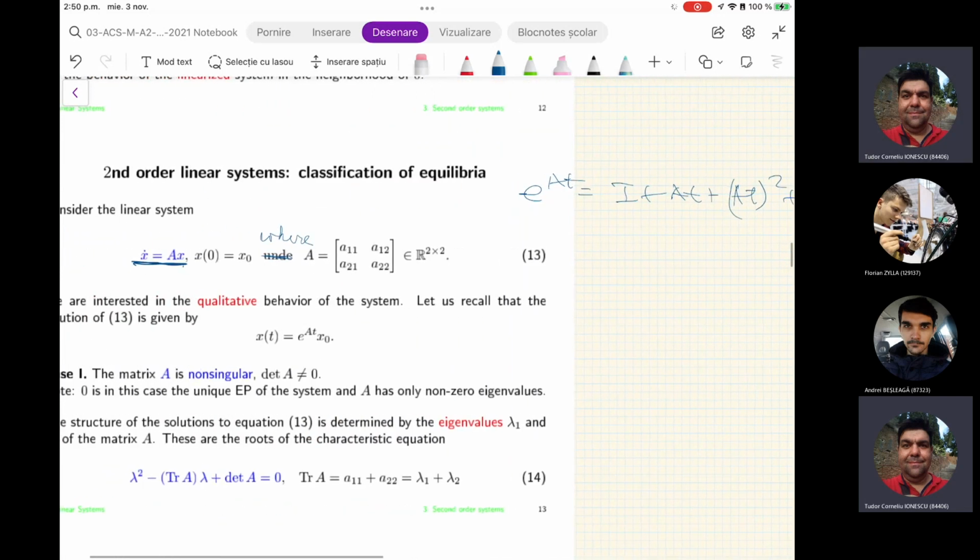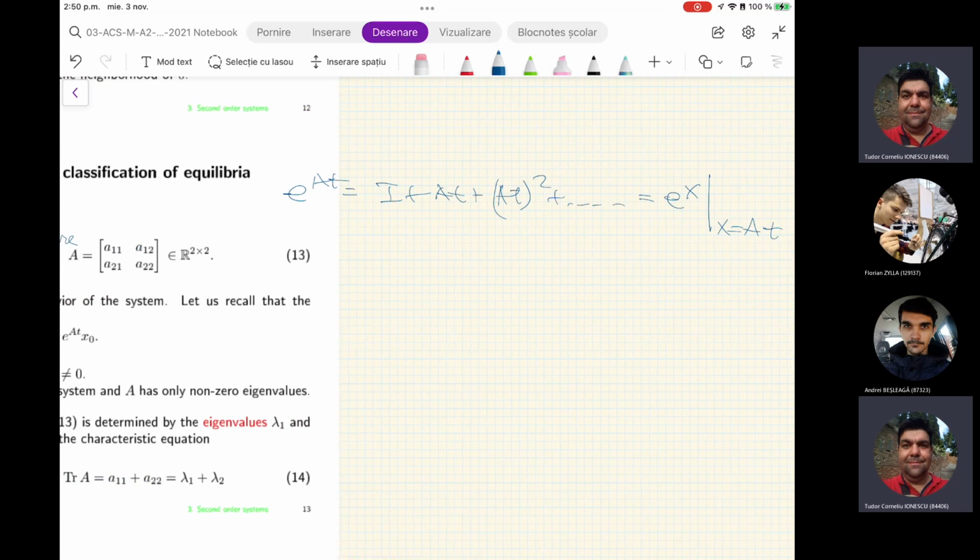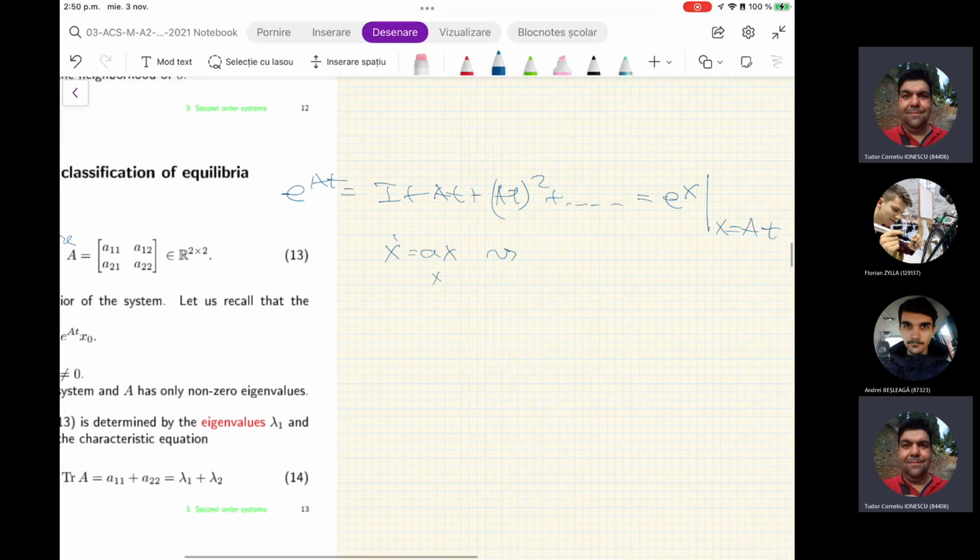And we are able to solve this system. If you solve x dot is ax by separation of variables, you get the solution x equals e to the power at x naught, and here you just replace small a with capital A, and you get e to the power At x naught.